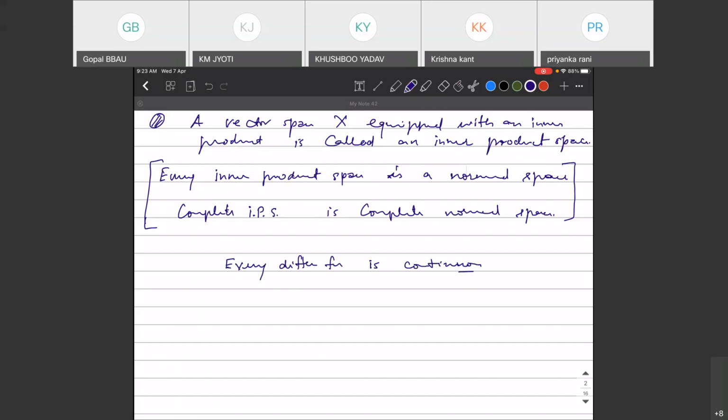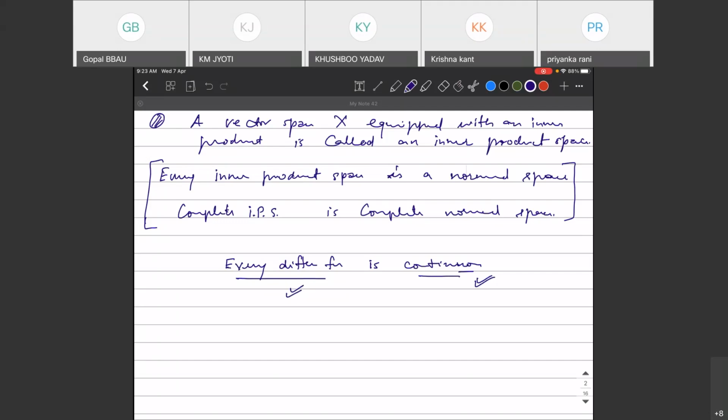If we prove some result for inner product spaces, then, sorry, if we have a result for continuous functions, then it will automatically be true for differentiable functions.